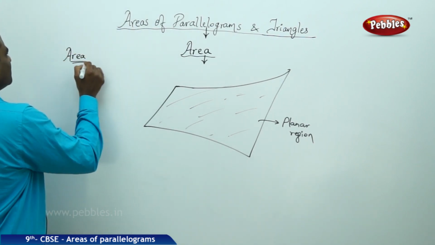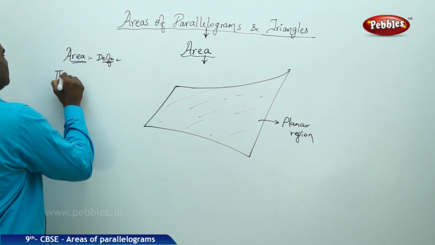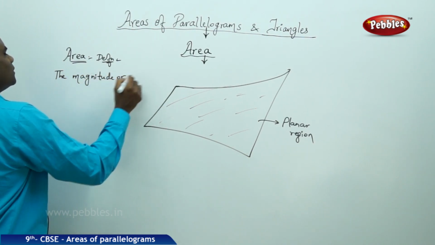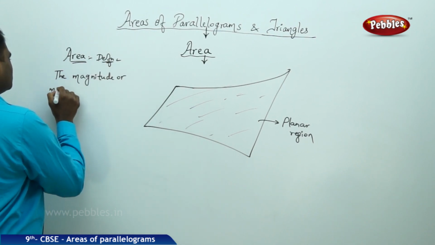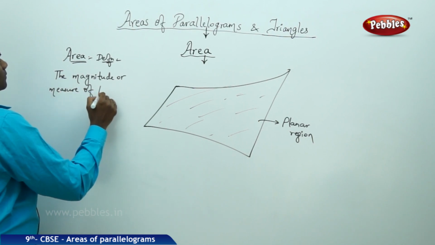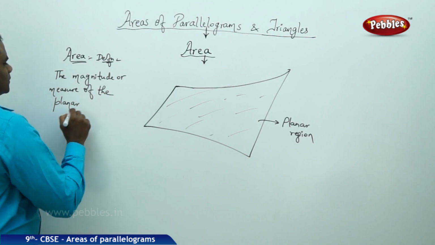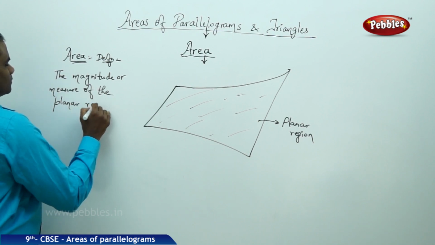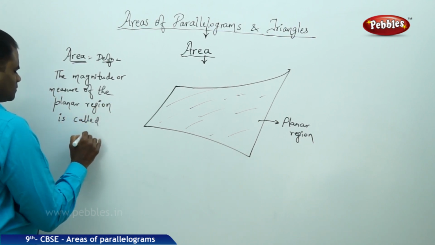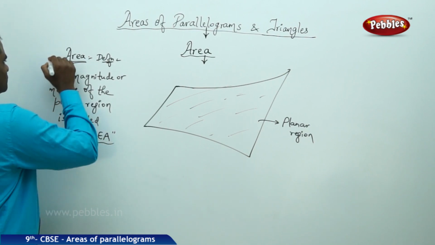area is defined as the magnitude or measure of the planar region is called area.